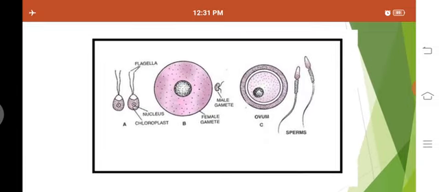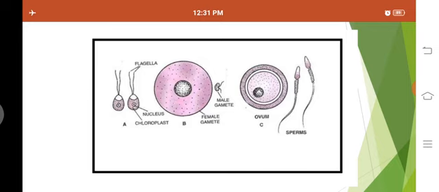First diagram, the Chlamydomonas diagram is there, with zoospores. In the second diagram you can see the female gamete and the male gamete. And the third one, usually you are able to see this type in the case of mammals. Human beings also have the same picture.